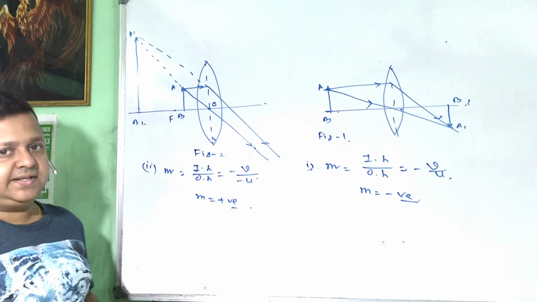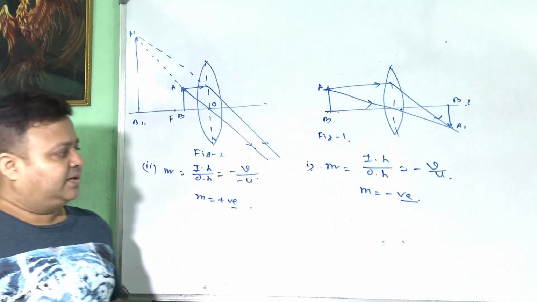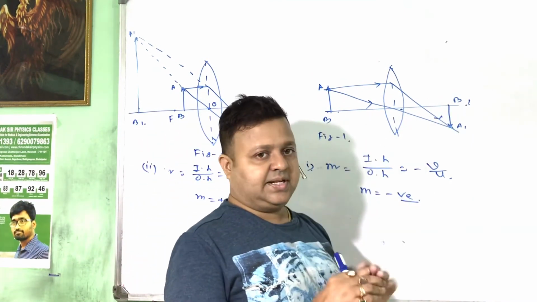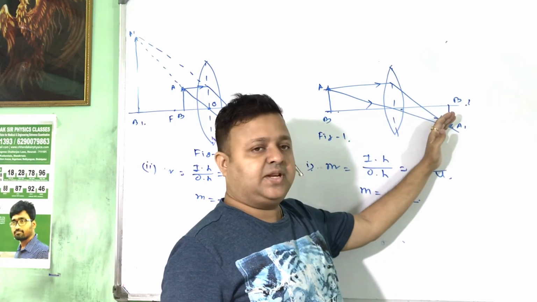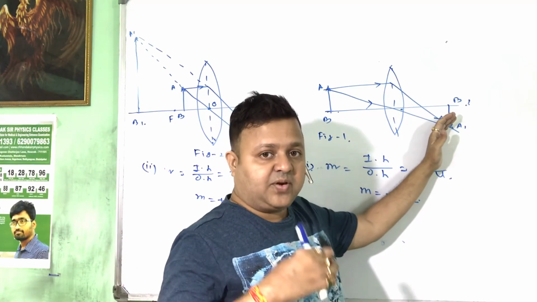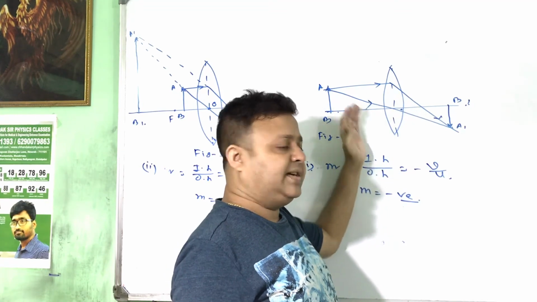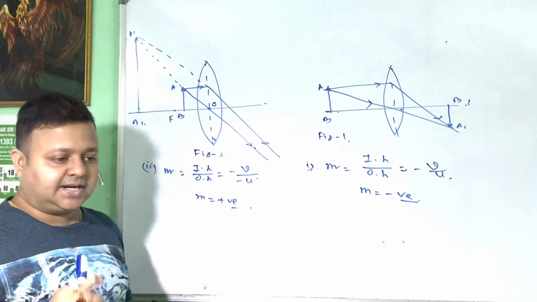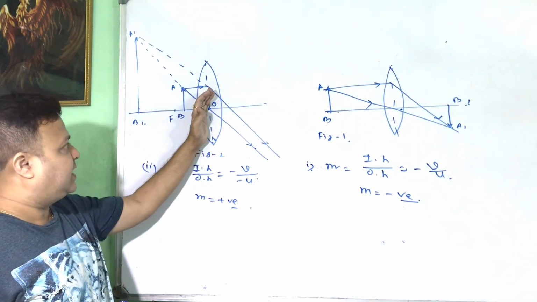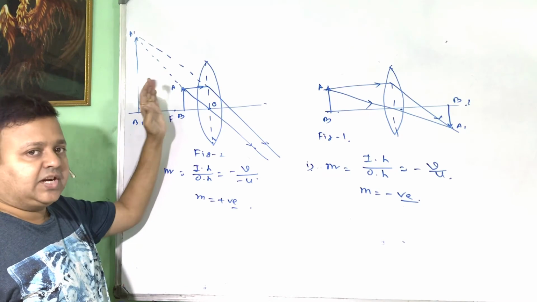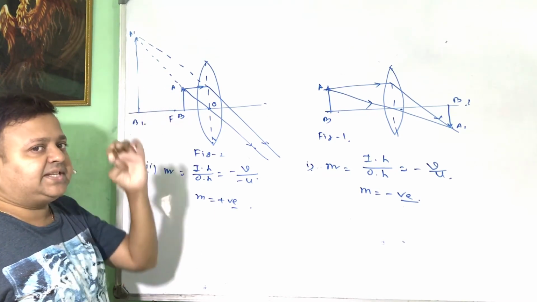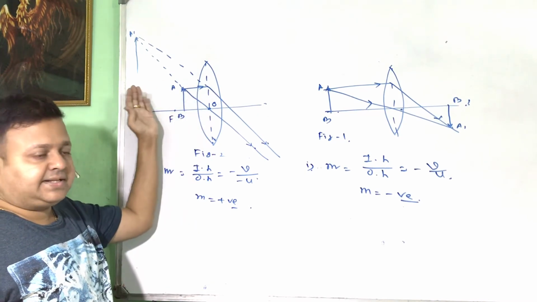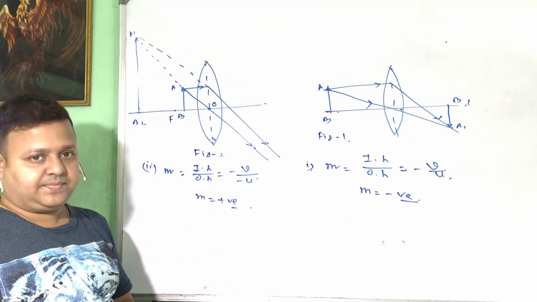For convex lens, when the real image is formed, the magnification is negative because the object and image both are situated on opposite sides. That is, image is situated on the positive x-axis and object on the negative x-axis, so it is negative. If the virtual image is formed, the object is placed between the optical center and focus. A virtual magnified image is created, which is the basic concept of magnifying glass. Both are situated on the negative x-axis, so magnification is positive.